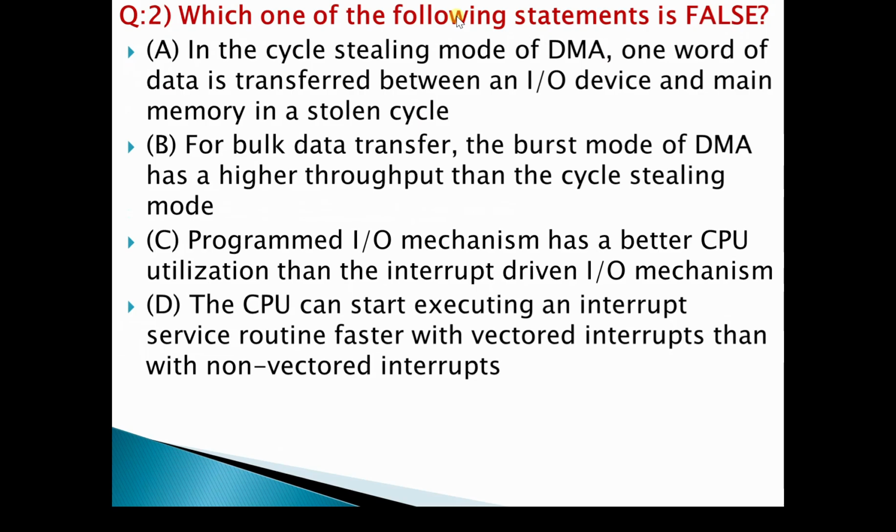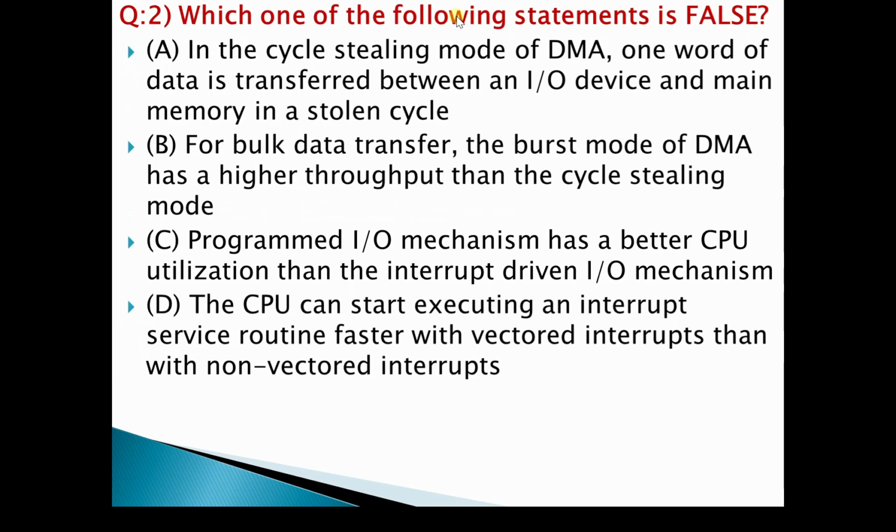Next, programmed input-output mechanism has better CPU utilization than interrupt-driven input-output mechanism. In a programmed input-output mechanism, what happens? The CPU has to check every time whether the input-output device is ready to transfer data. Once it is ready, it has to transfer the data. But in the interrupt-driven input-output mechanism, the input-output device will send an interrupt to the CPU indicating that it is ready for transferring data.